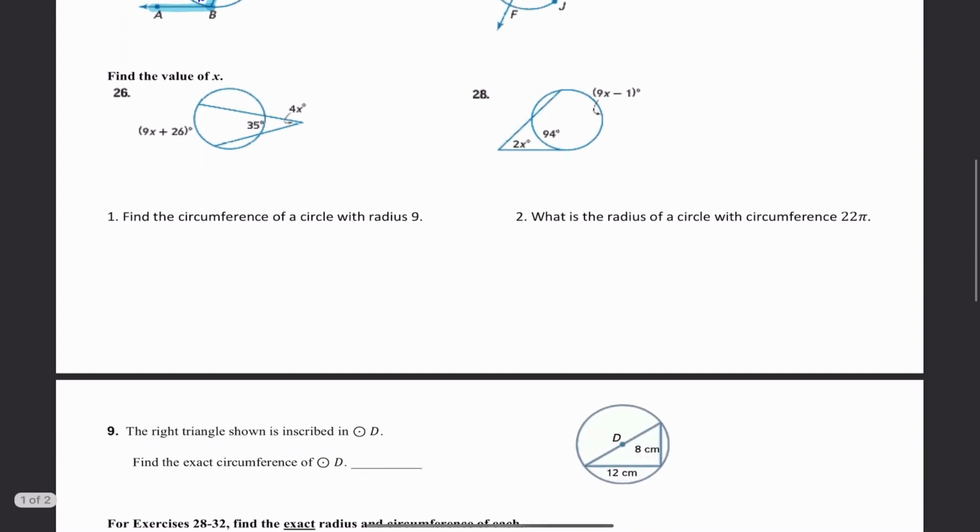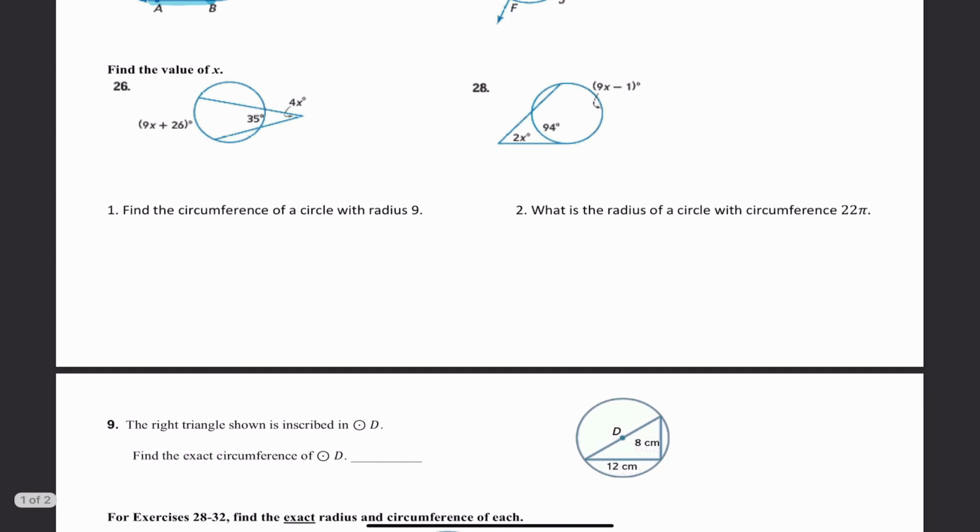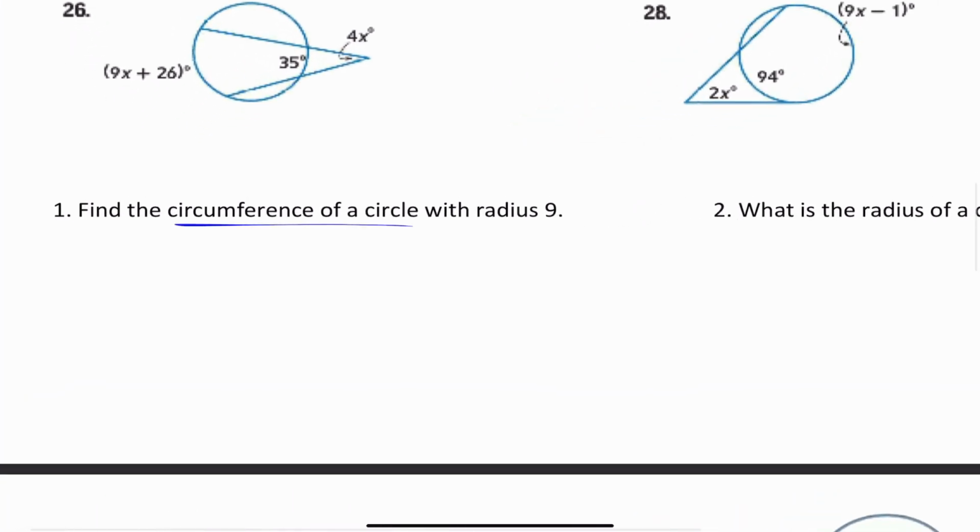Number 1, find the circumference of a circle with radius 9. Okay, what's the circumference of a circle dealing with the radius? Well, y'all, the formula that I know that involves the radius when it comes to the circumference, that's C equals 2 pi r, where r is the radius. So C equals 2 times pi times 9.